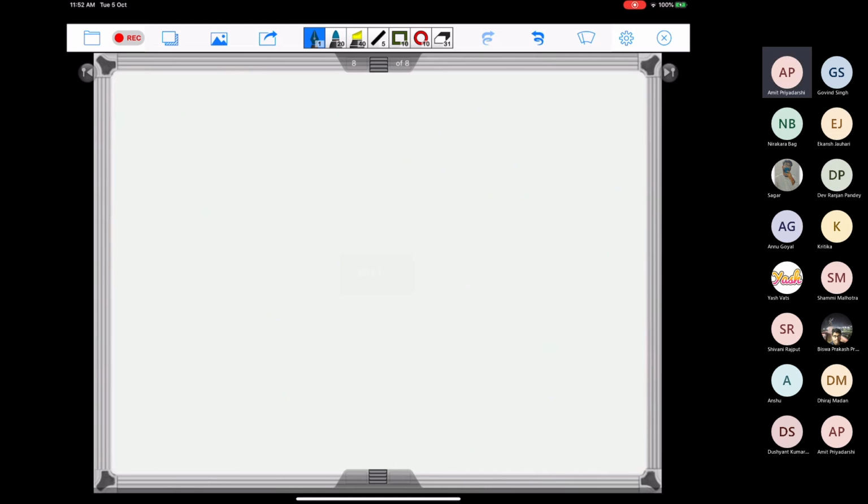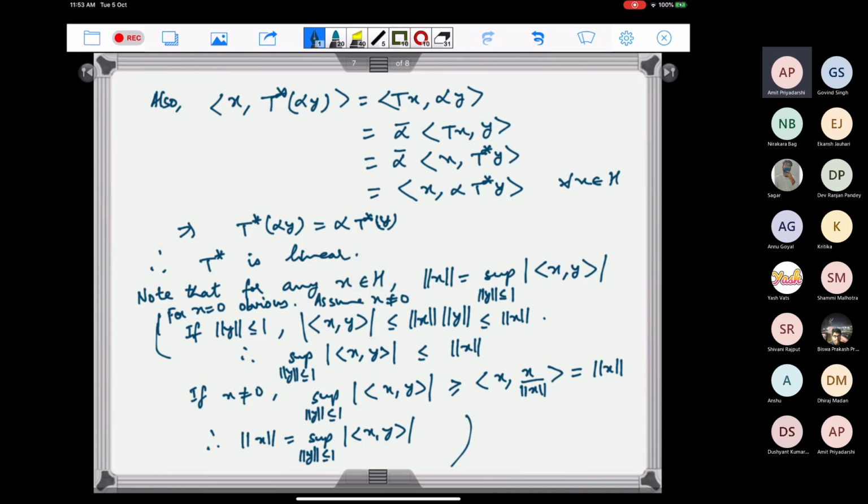So therefore norm of T star of y will be equal to supremum of, by this we know that norm of x is equal to supremum of mod of inner product x with y.